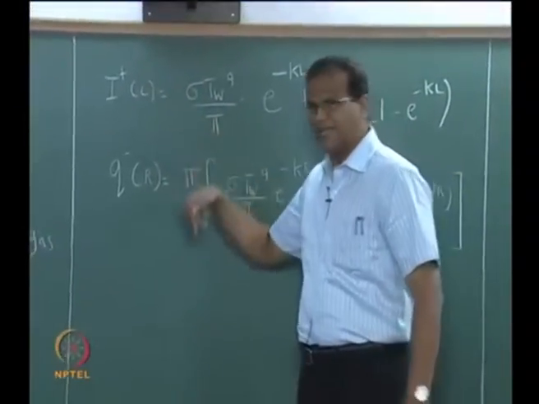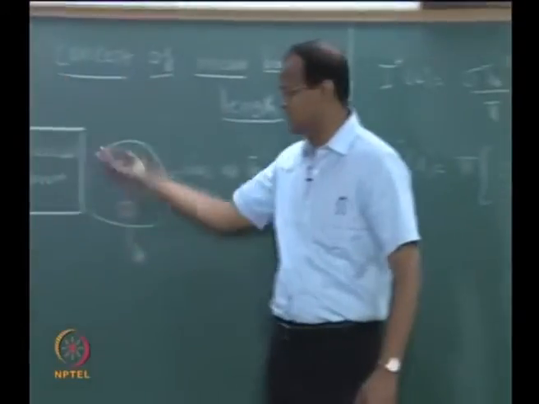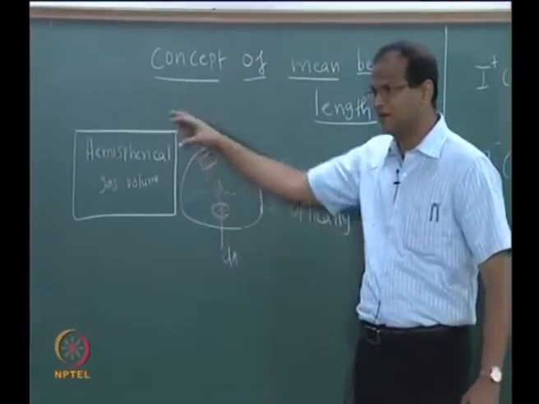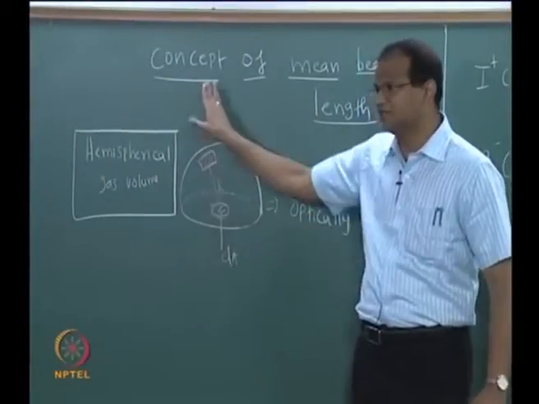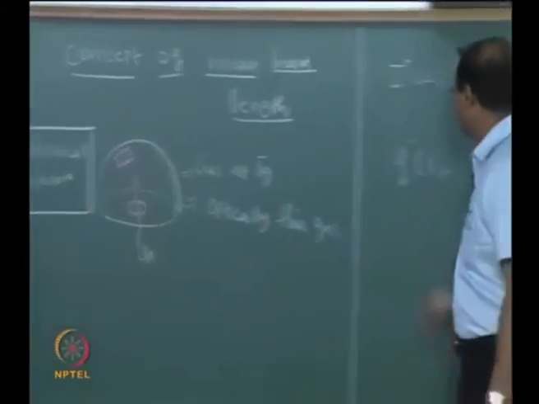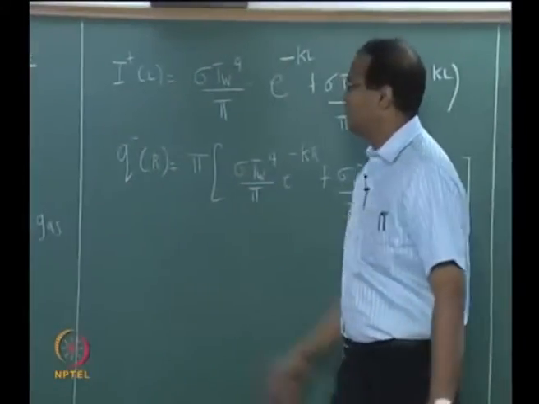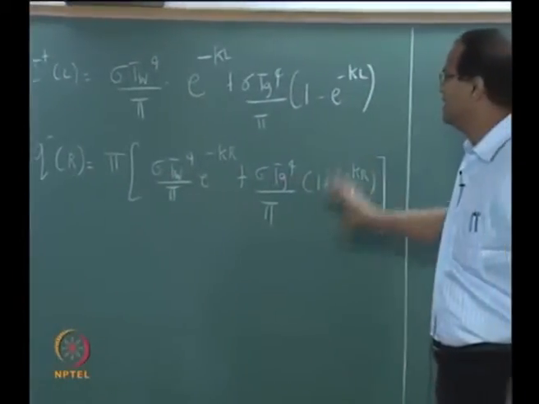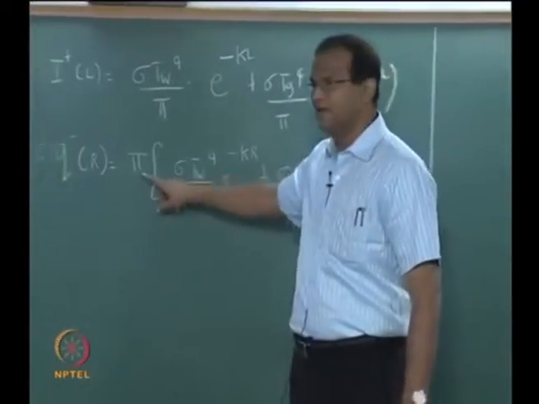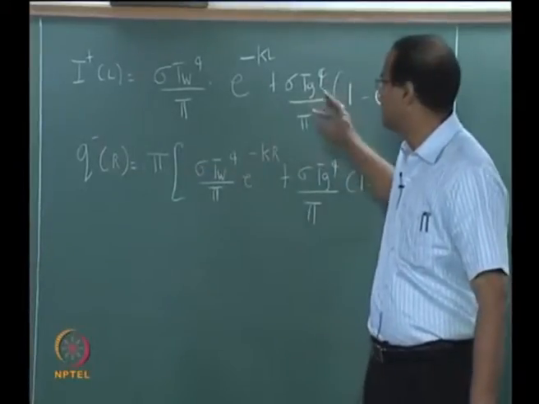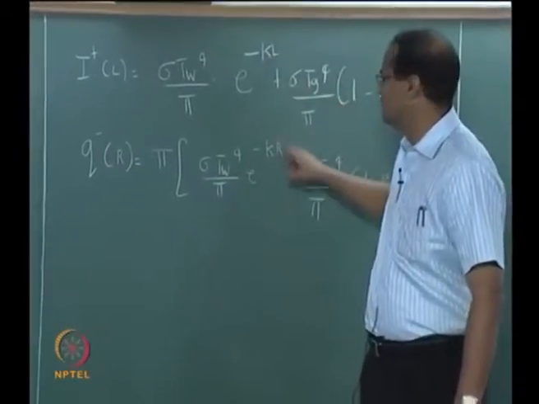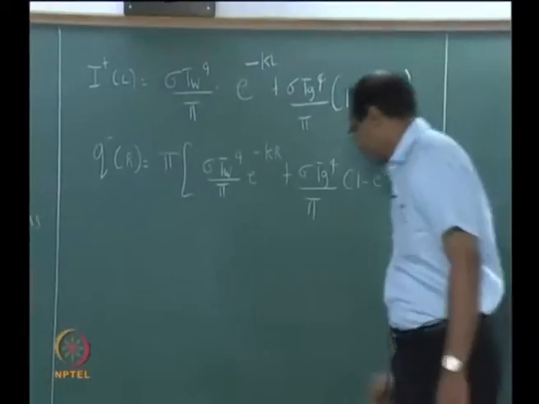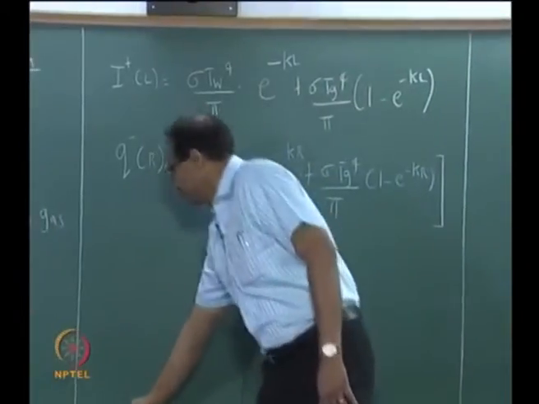Instead of I plus I am taking q minus, because q minus is arriving at this. I am considering r to be positive in this direction, so it is minus. So q minus r will be pi times this intensity. I have just used this intensity expression, multiplied by pi because it is isotropic. I have also done one more thing: instead of L I have used r. There is no problem with this.